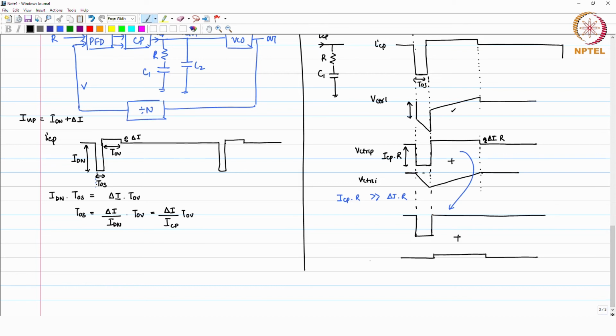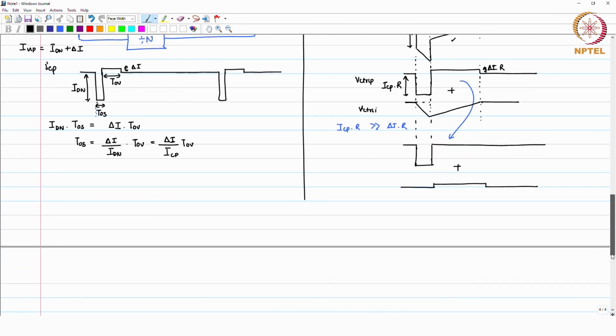One of the waveforms has a much larger magnitude compared to the other one. So, this creates a larger reference spur as compared to this part.